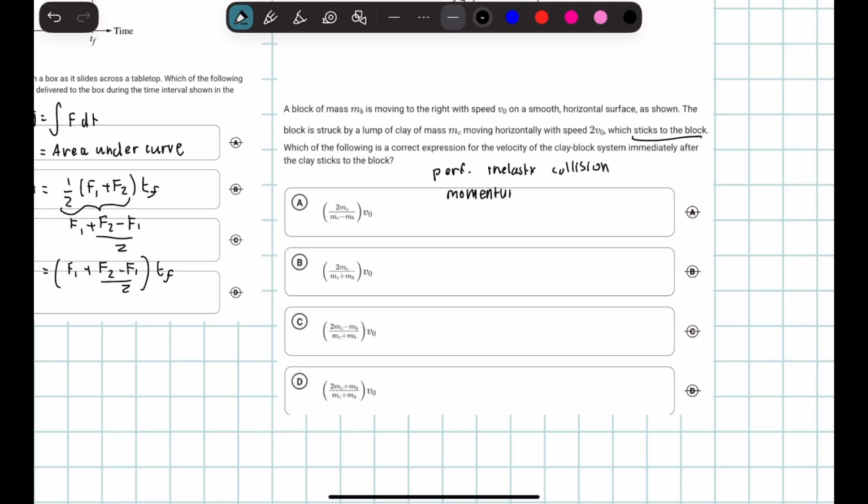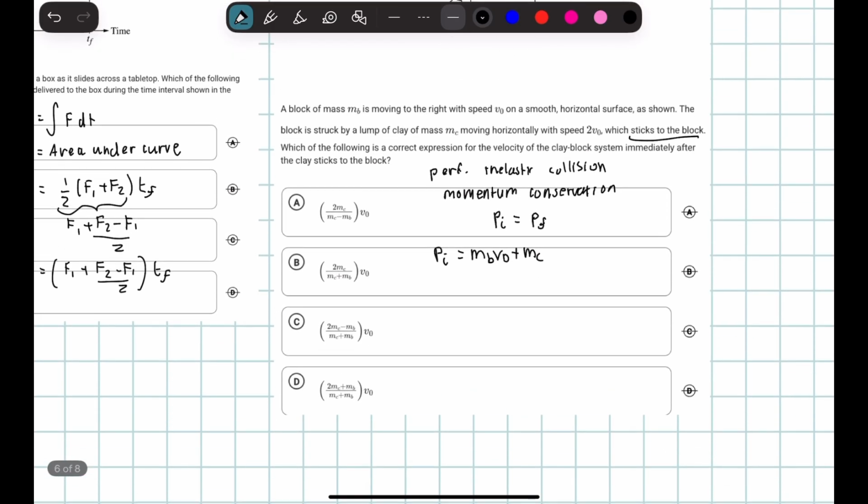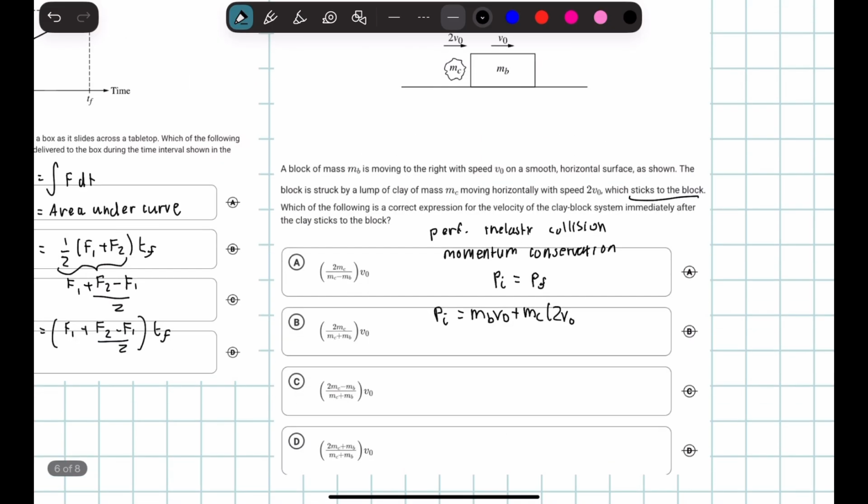So momentum is conserved. That means P initial is going to be equal to P final. So our initial momentum is going to equal MB v initial plus MC times 2 v initial, the mass of the block times its initial velocity plus the mass of the clay times 2 times v initial.